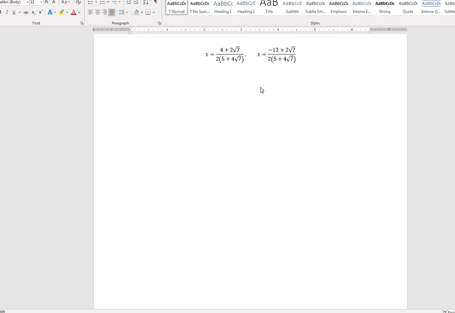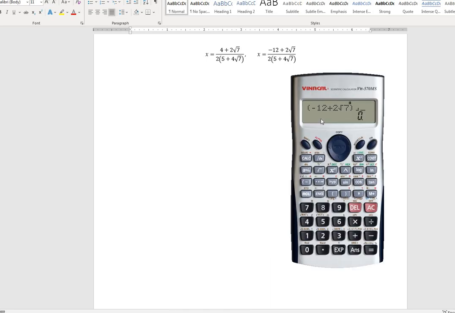So when we take a look at our answers, I need you to pay very much attention to this part. Negative 12 plus 2 square root 7 over this one is actually equivalent to a negative value. We try to inspect the value by using a calculator.